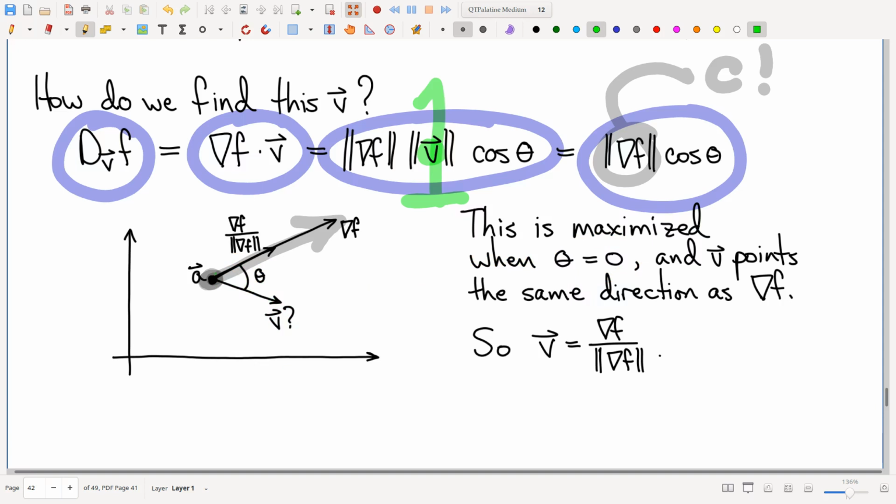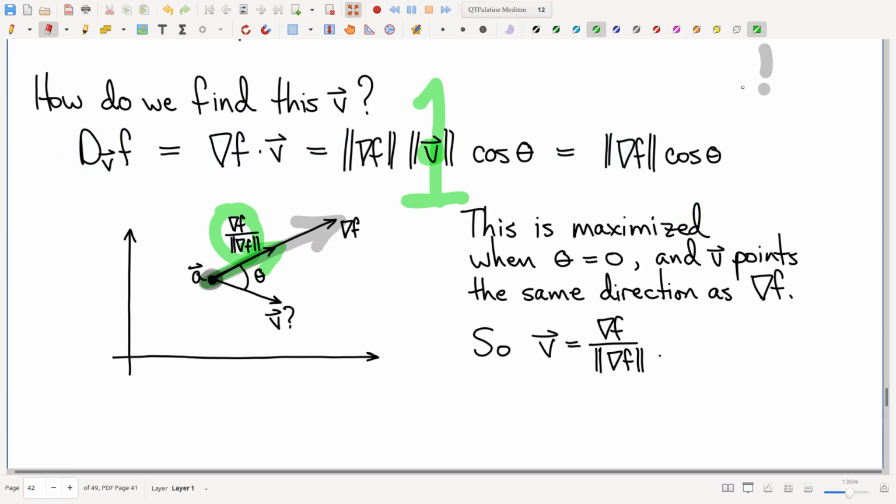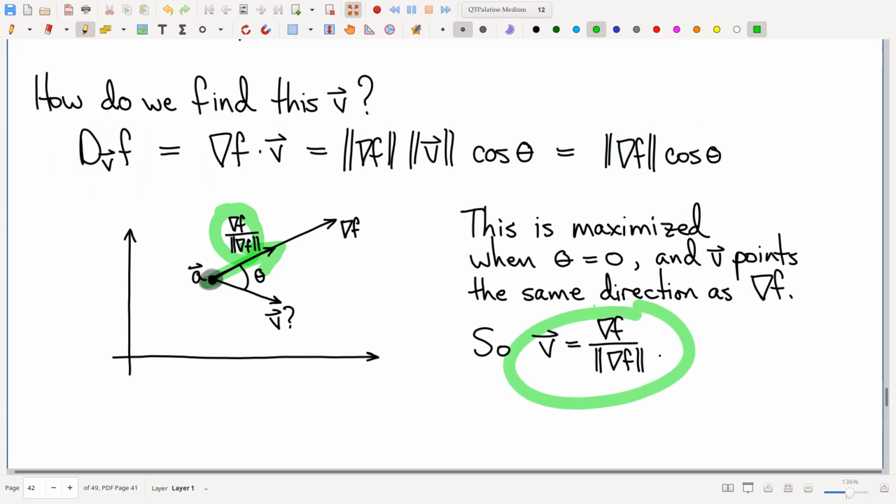That means I need my vector v to point in the same direction as the gradient. So that's the lovely little answer. You want to find the direction of fastest increase? Cool, go in the direction of the gradient. Nice, pithy, crisp little answer.